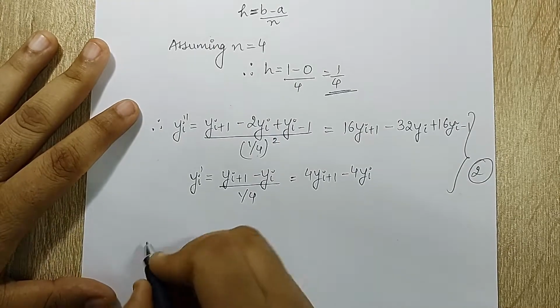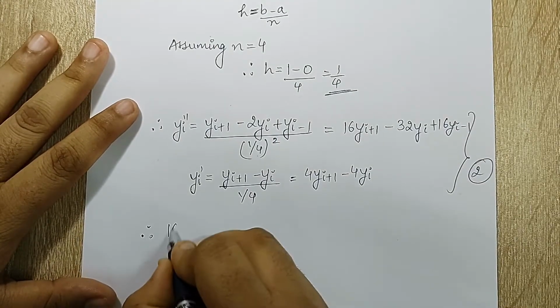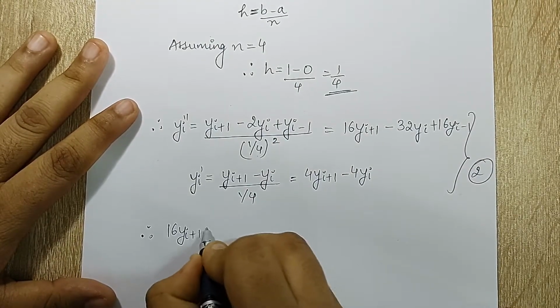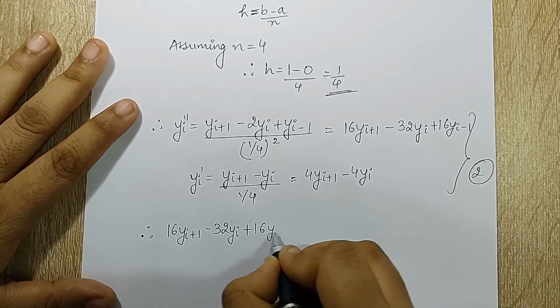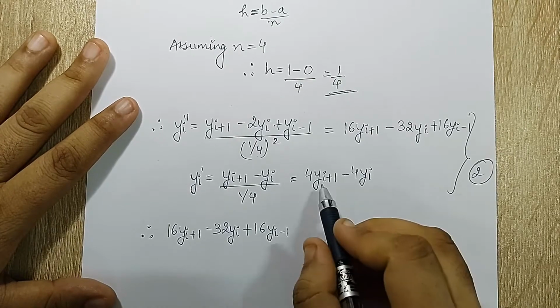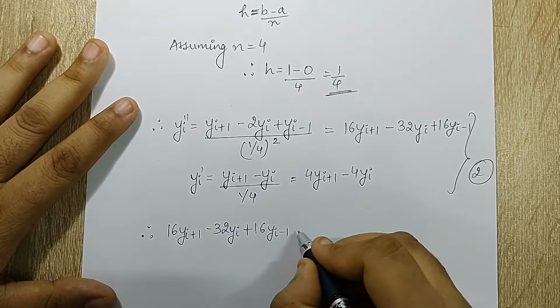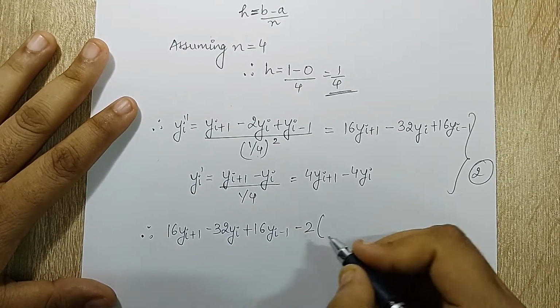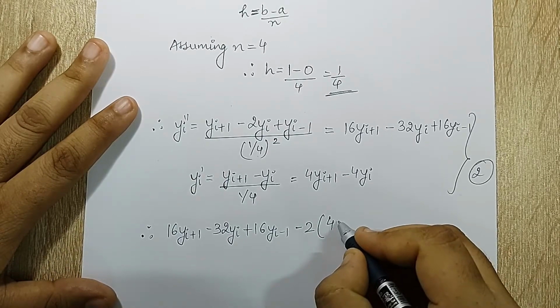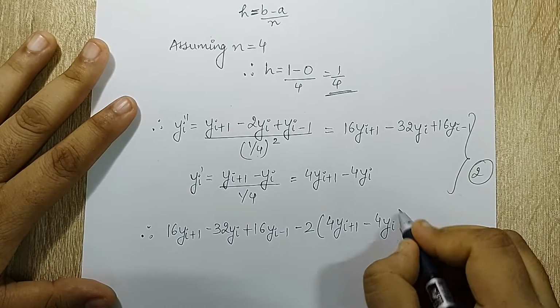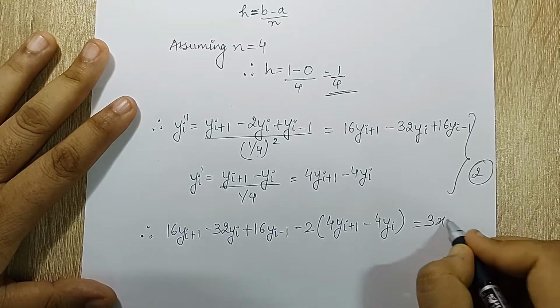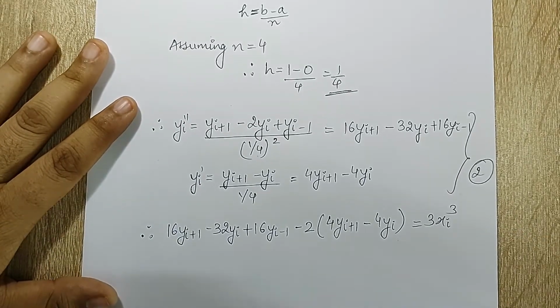So therefore I'll get 16 yi plus 1 minus 32 yi plus 16 yi minus 1, and I have these terms. Before that I have minus twice yi dash. So this is 4 yi plus 1 minus 4 yi is equal to 3xi cube.